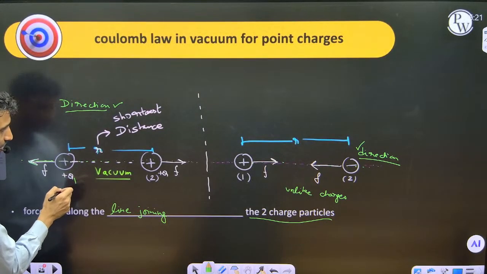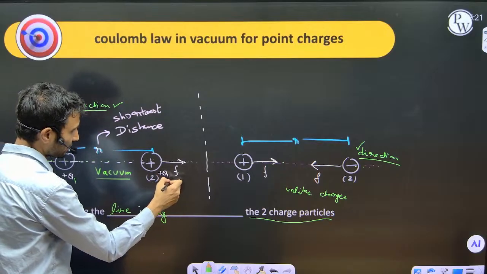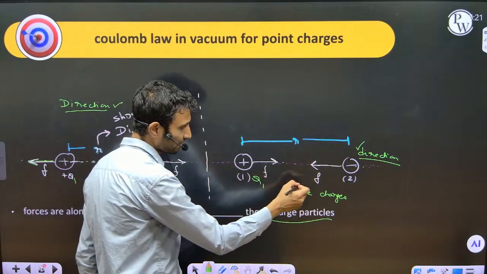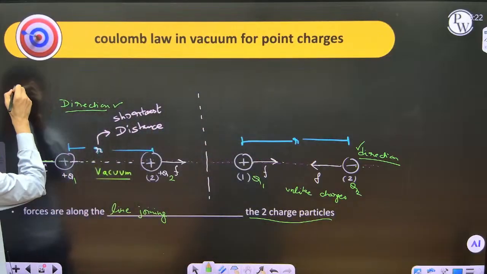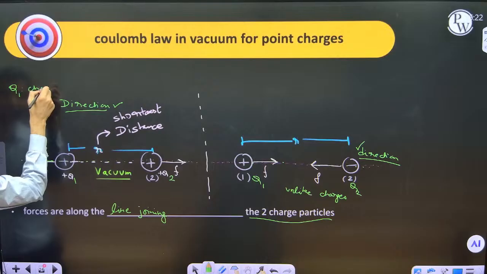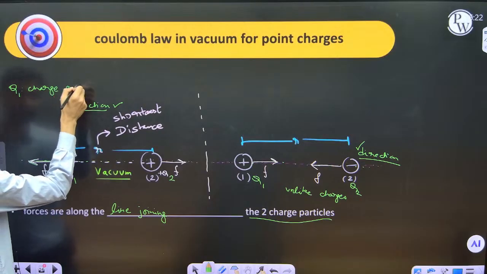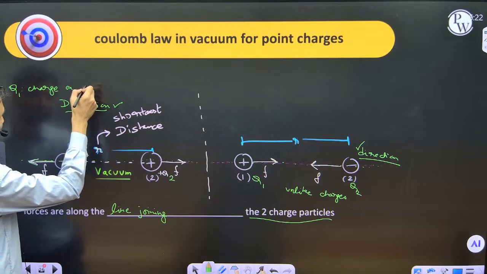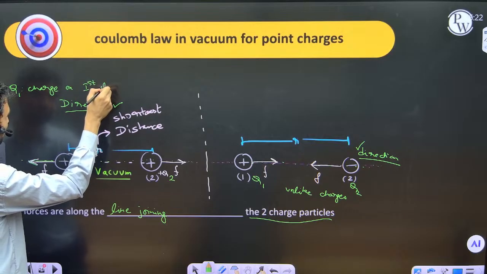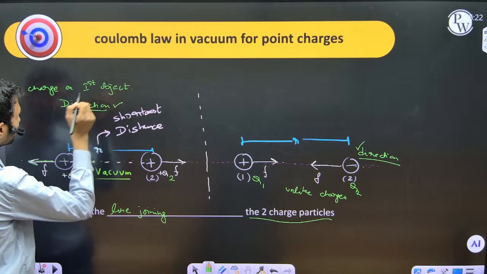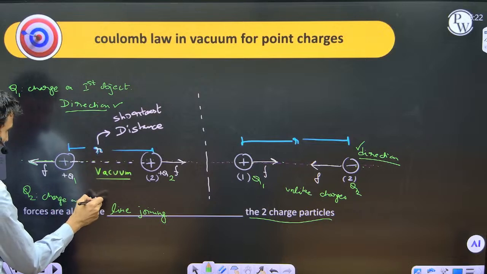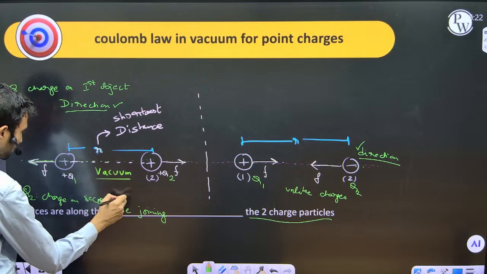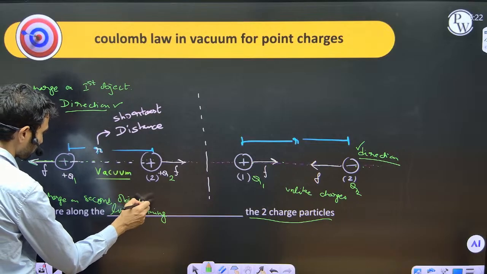This is q1, this is q2. q1 is the charge on the first object, and q2 is the charge on the second object.